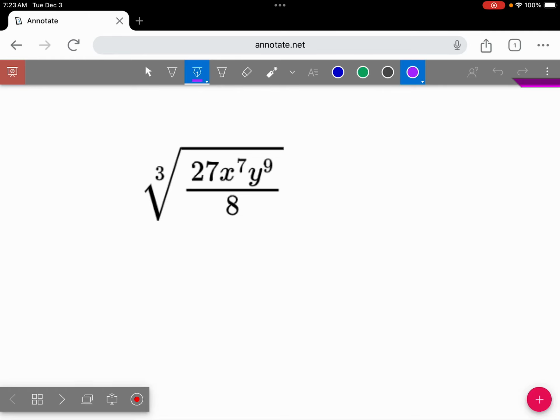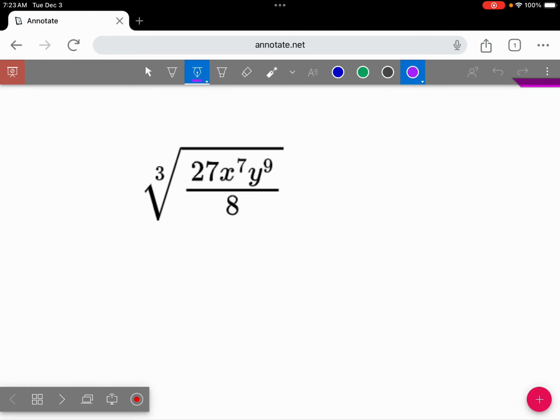All right. What do we do with something like this? Split it up. I'm going to take my fraction-y thing here, and I'm going to split it up. Absolutely every piece gets a cube root.